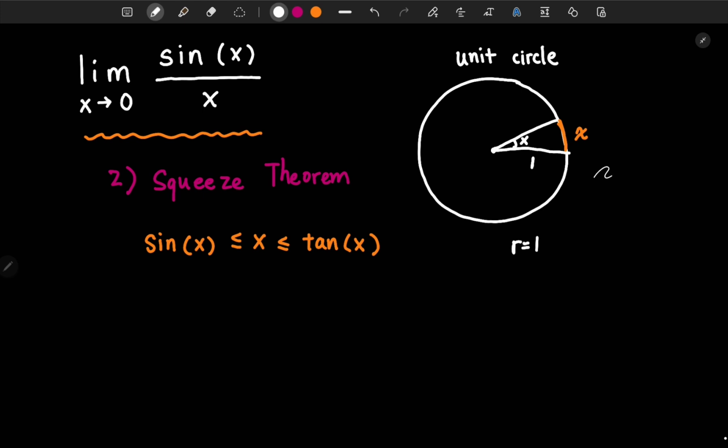Let's zoom in on this portion. If we zoom in, let me draw it in orange.